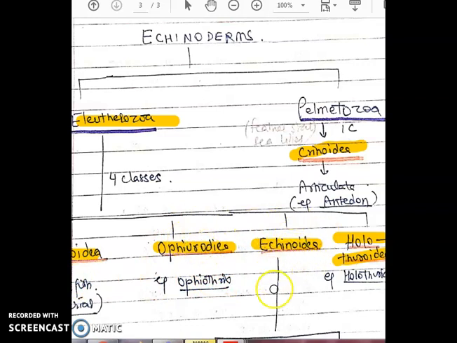In Echinoidea class, it's Echinopluteus larva. In Holothuroidea, there are 2 larvae, Auricularia and Doliolaria, and in Crinoidea class there is 1 larva, crinoid larva, also known as pentacrinoid. These are the larval stages that are found in the life history of echinoderms.